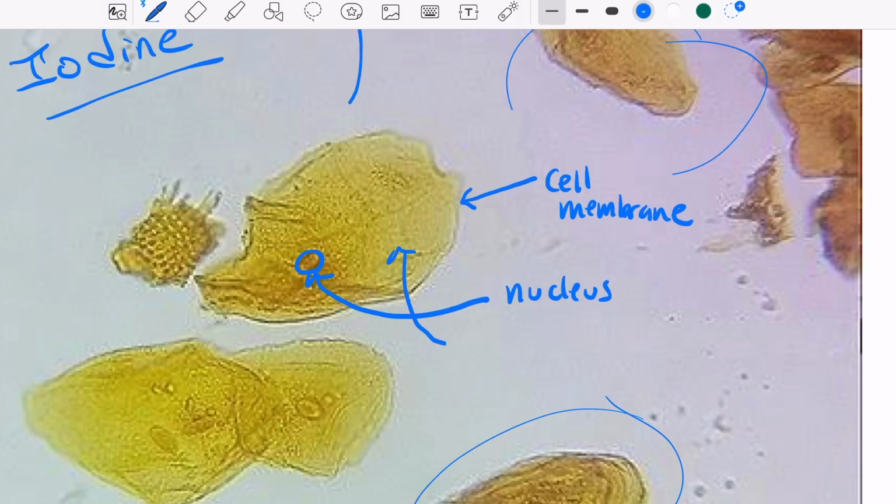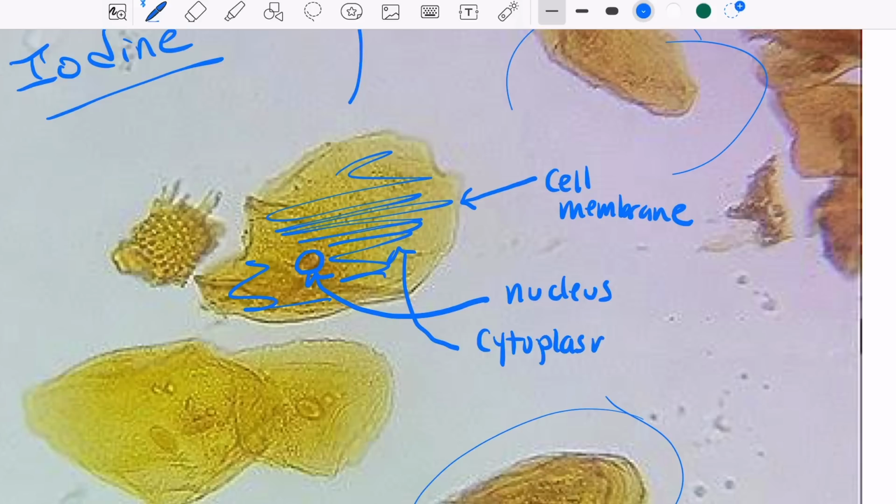This jelly-like substance, all of the inside of a cell, is called the cytoplasm. So if you have an arrow pointing to the outside of this cheek cell, it's a cell membrane. If you have an arrow pointing to this structure in the middle, that is called the nucleus, where DNA is found. If you have an arrow pointing to the inside of the matrix of that cell, it is called cytoplasm.